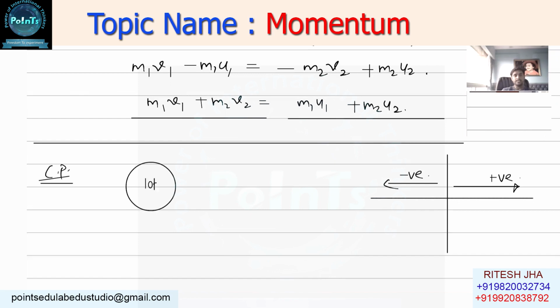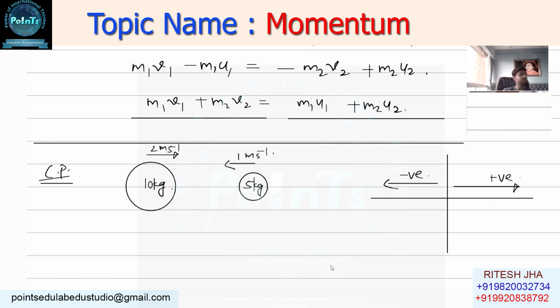Let's say this is a 10 kg block, and here we have a 5 kg block. Okay, and this is going in this particular direction with 2 meter per second, and this is going in this particular direction with 1 meter per second.